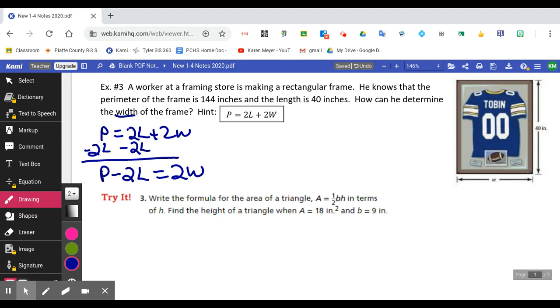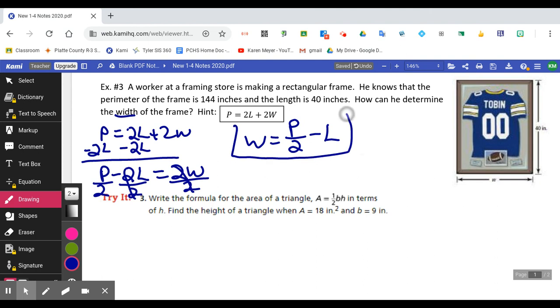Now to get rid of the 2 in front of the W, the opposite of timesing is to divide, so I'm going to divide everything by 2. So I get W equals P over 2 minus 2L over 2, the 2's cross off and just give me L. So here's my formula.